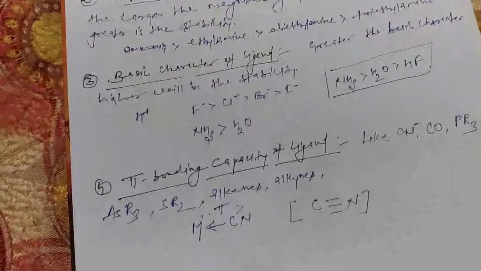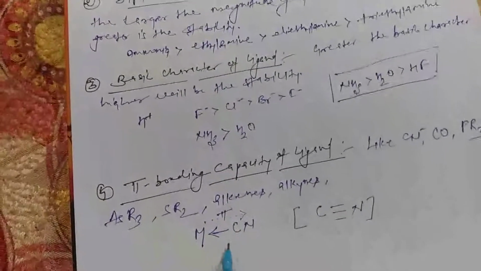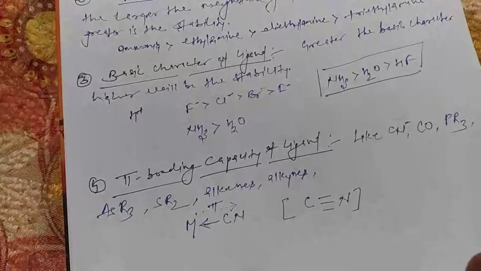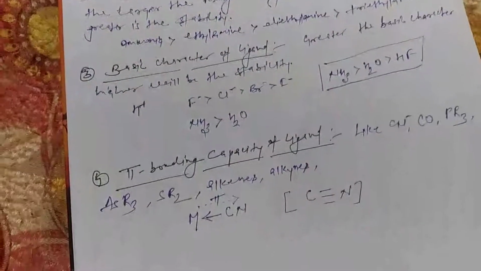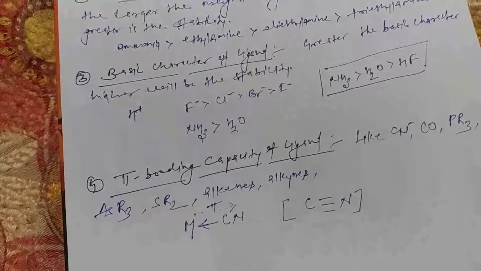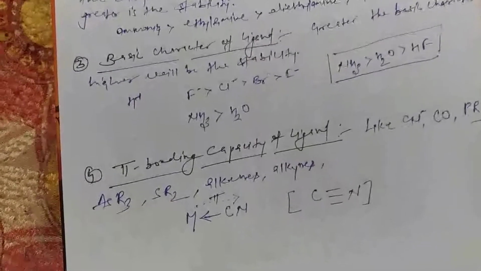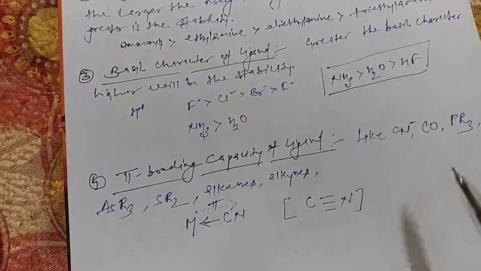Of course here is a sigma bond, and if there is a pi bond also, it will make the complex more stable, it will increase the stability. That is why this is an important point. There are some other examples also. CO also contains a pi bond.